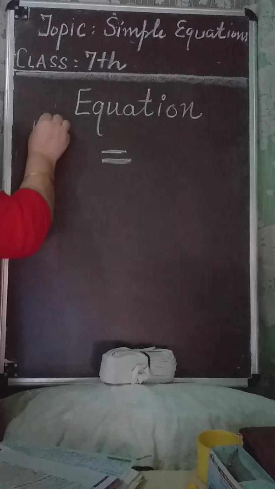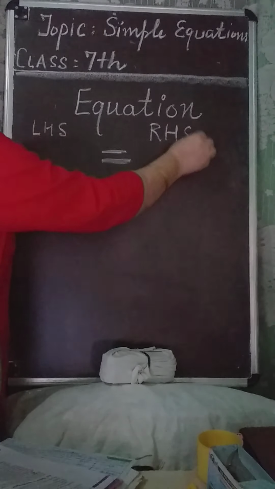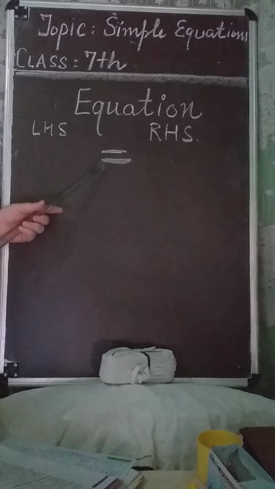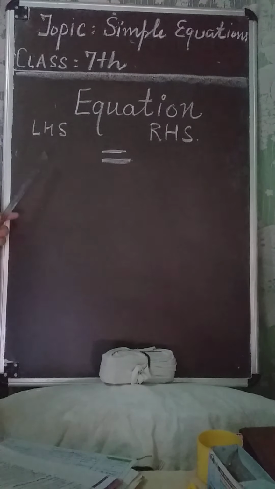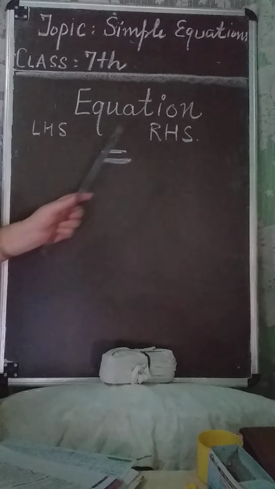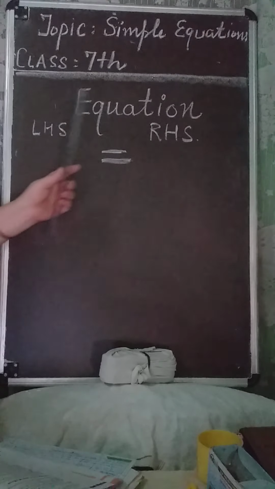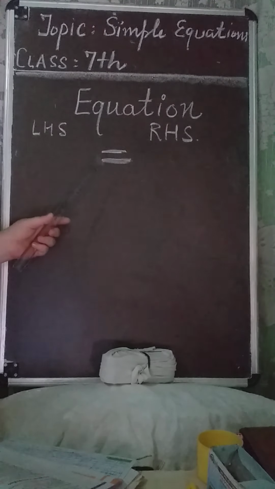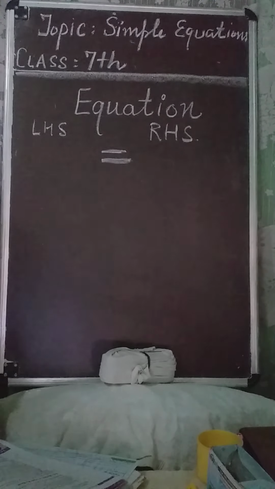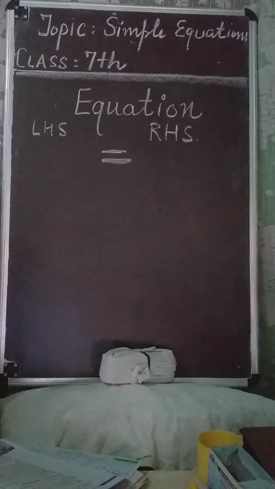This is the left side and this is the right side. I have not written anything on this side and this side yet, but the left side should be equal to the right side.